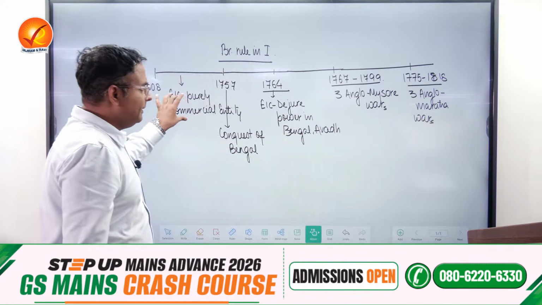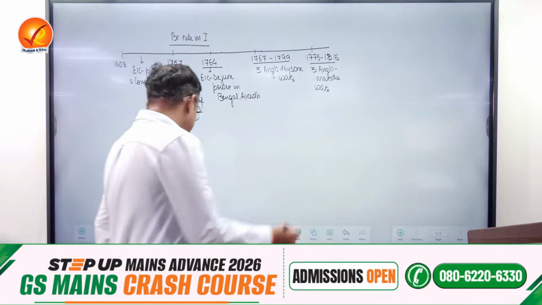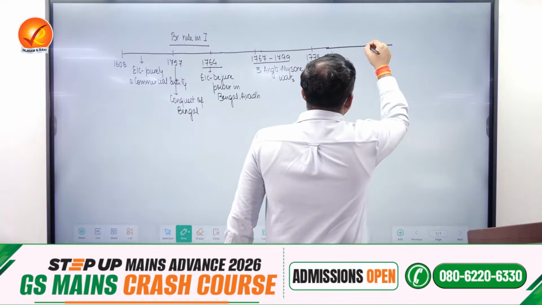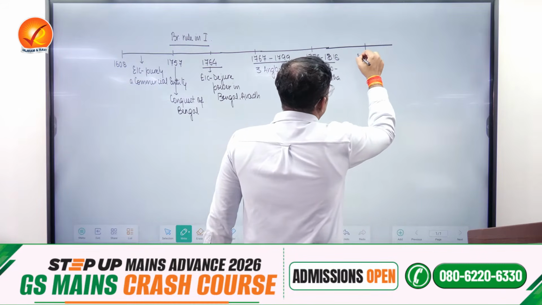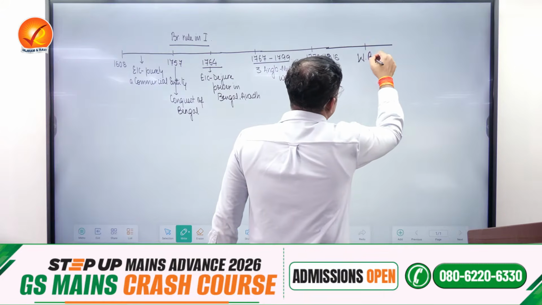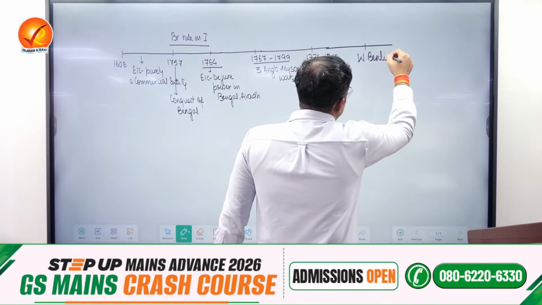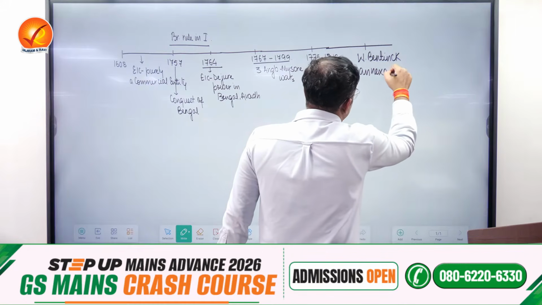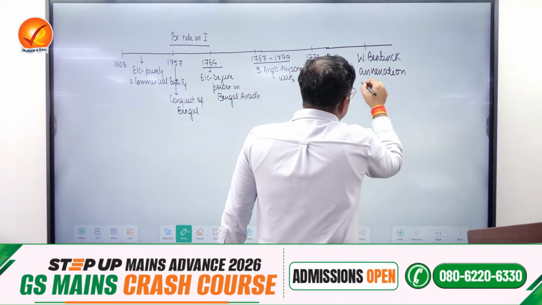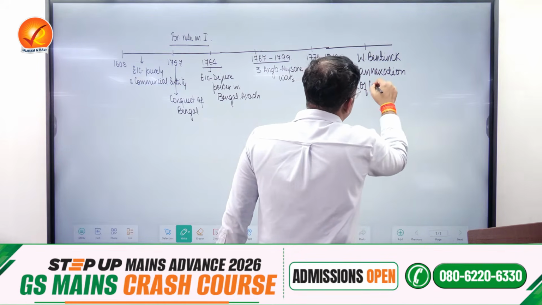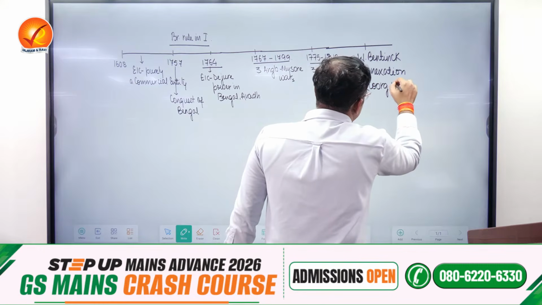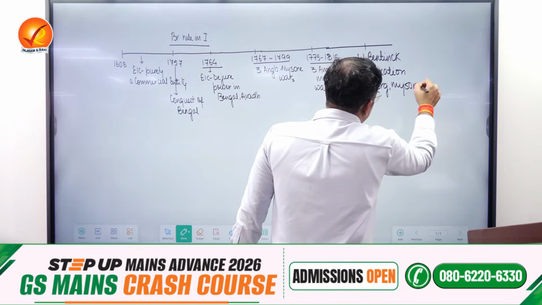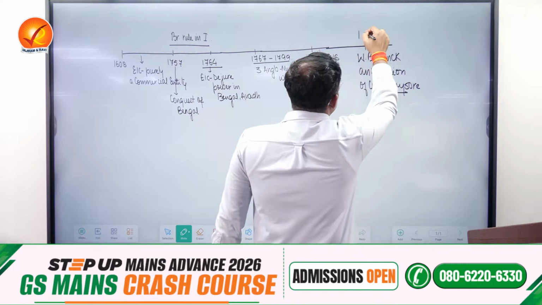ये हुआ था ना? Then you would write William Bentinck, annexation policy, annexation of Coorg, Mysore, etc. 1830s, ऐसे लिखिए.